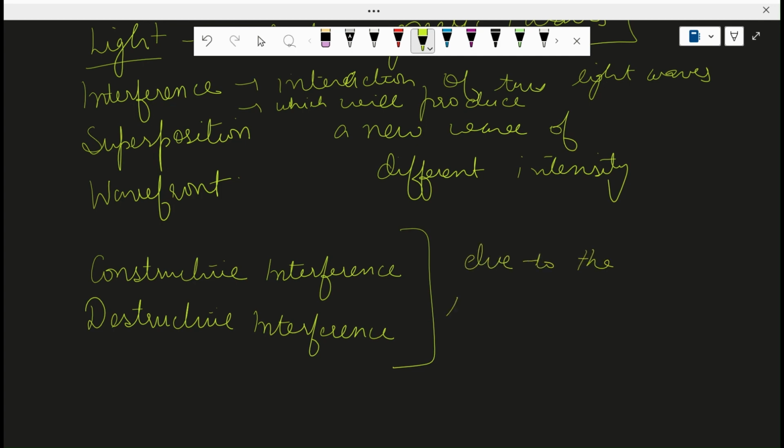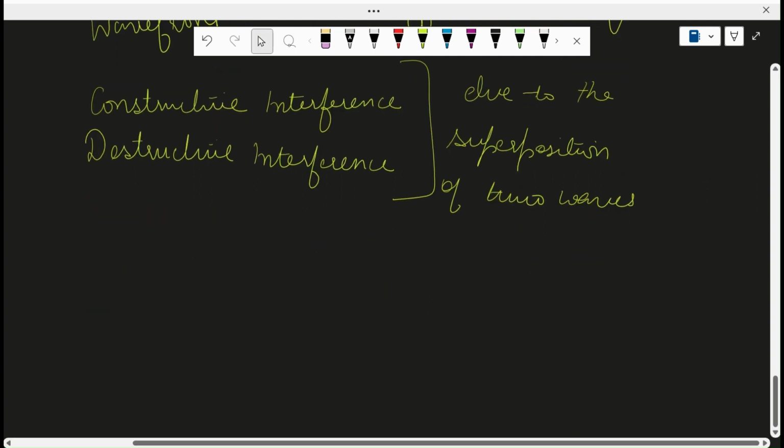This gives rise to, which is due to the superposition of two waves. This means that in superposition, what is happening?